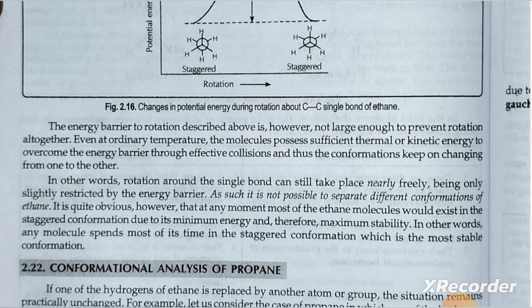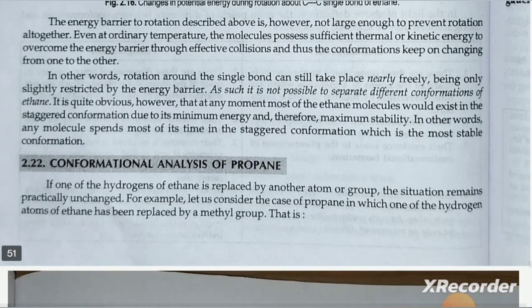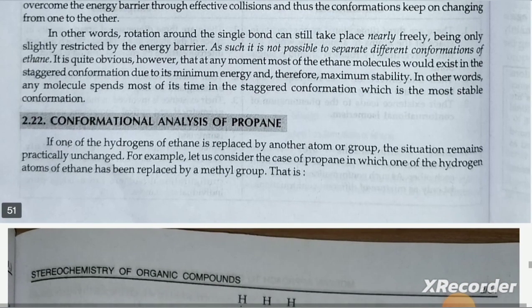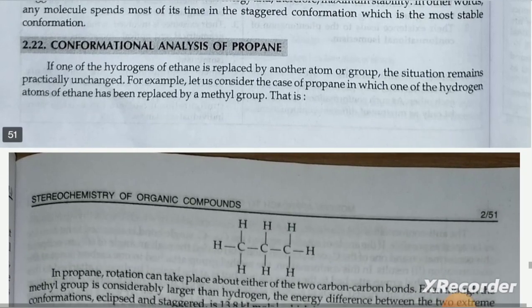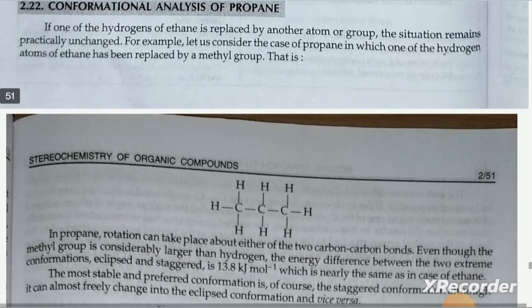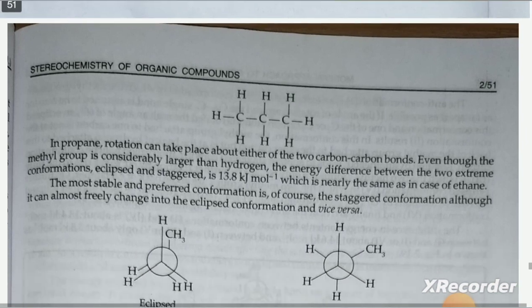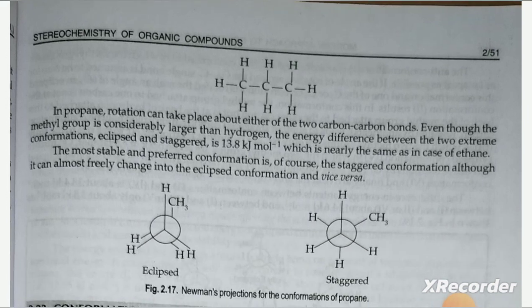Next is conformational analysis of propane. If one of the hydrogens of ethane is replaced by another atom or group, the situation remains practically unchanged. For example, let us consider the case of propane, in which one of the hydrogen atoms of ethane has been replaced by a methyl group. In propane, rotation can take place about either of the two carbon-carbon bonds.